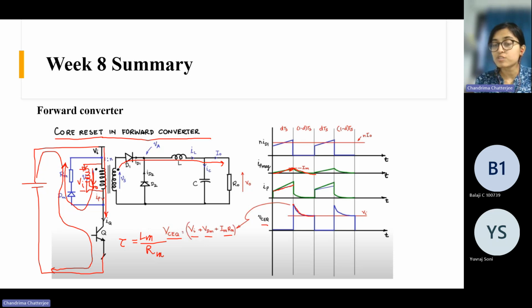That's why the drop also reduces and finally it settles to VI, right? Because as the core is reset already, there will be no current through the diode and no current through the resistance. The only part that is remaining is the input voltage.